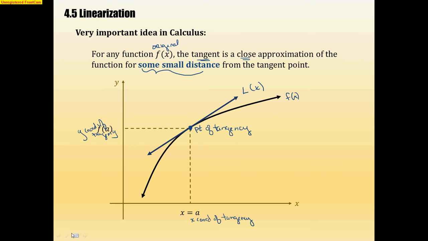Because remember, the whole idea of local linearity was that as long as you are a close distance around the point of tangency, if you zoom in here, the curve appears to behave like its linearization, like its tangent line. So we can call the equation of the tangent line the linearization of the function. You cannot imagine how much mathematical calisthenics engineers do with crazy functions to make them linear.